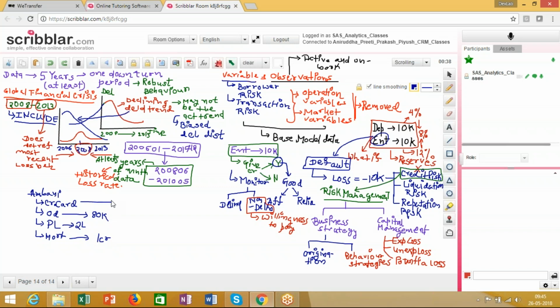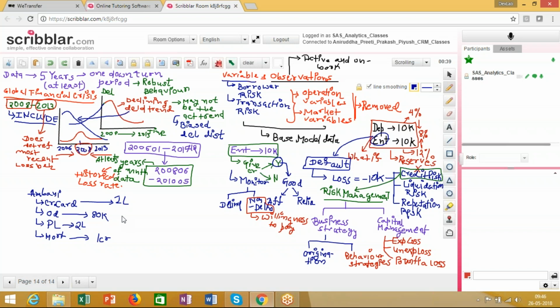And he also maintains a credit card outstanding. So he has a credit card limit of rupees 1 lakh every cycle. This is how his credit is structured. Right? Now the bank monitors his account every month.